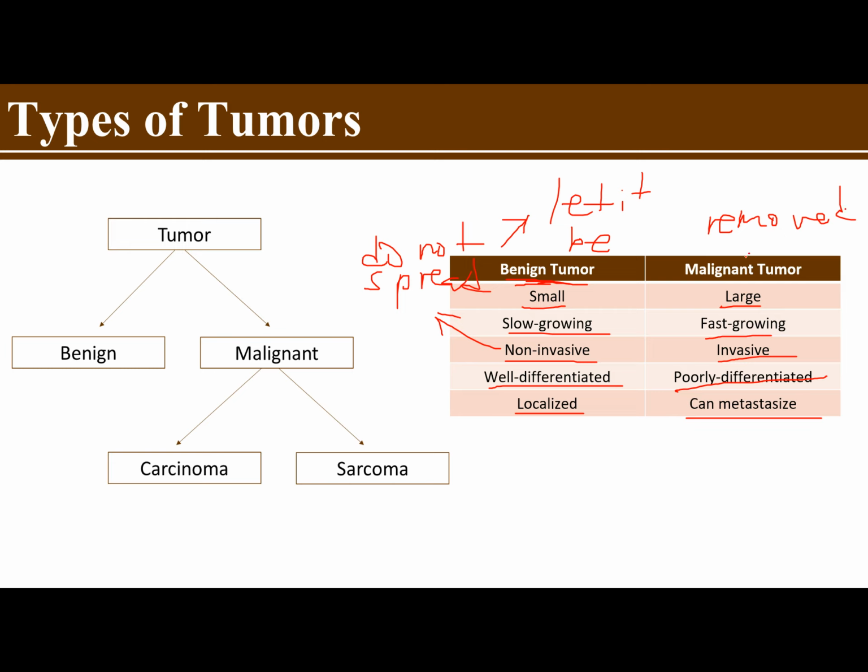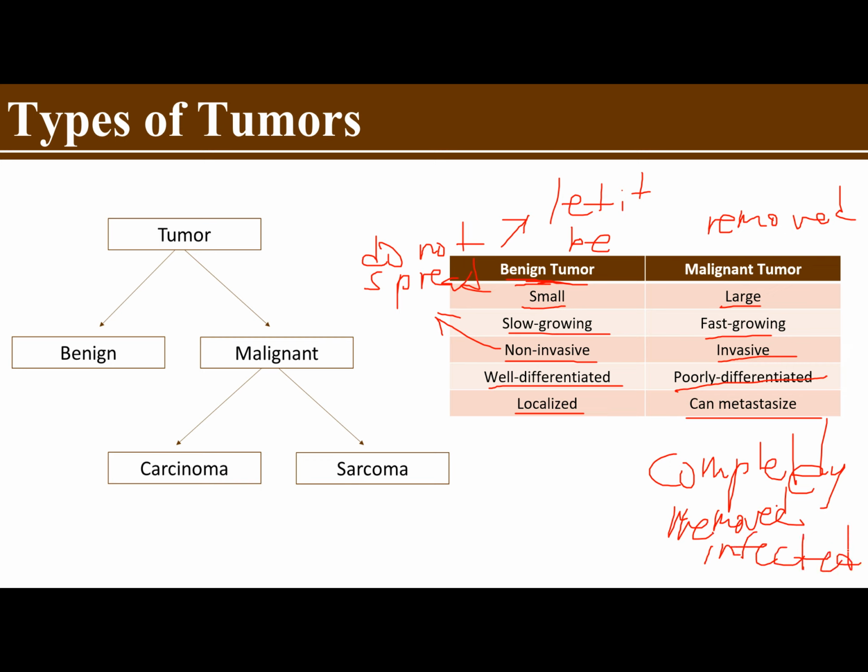Kaya nga pag magkakaroon ka ng surgical procedure to remove a malignant tumor, the surgeon has to make sure to completely remove all the infected tissue or organ.